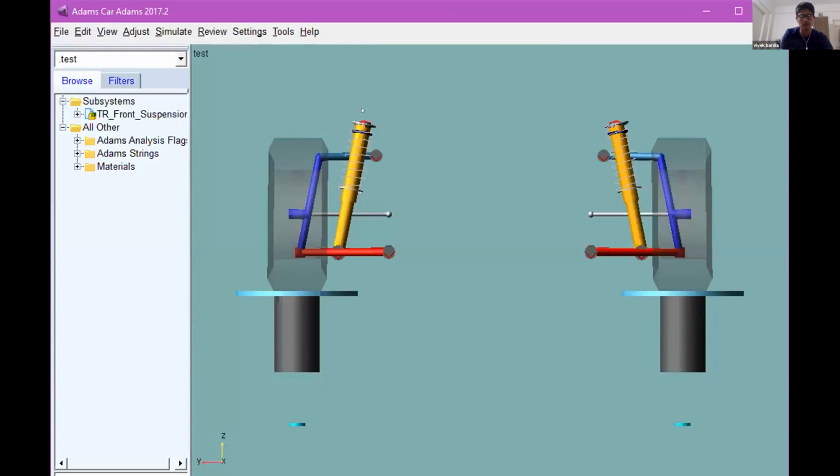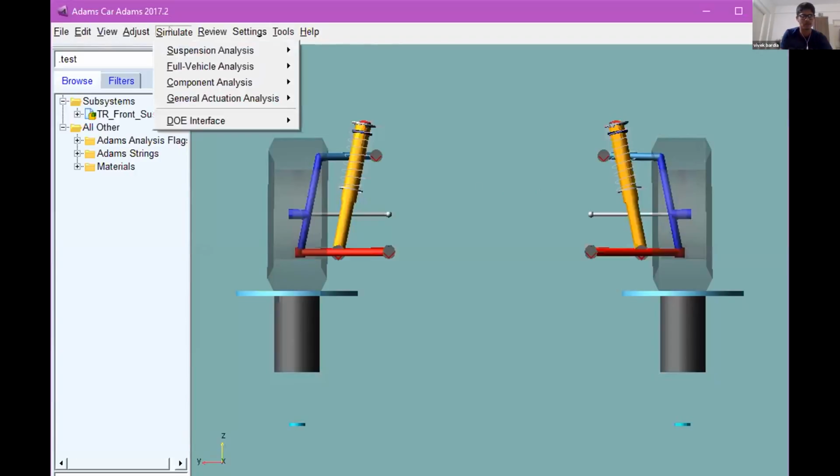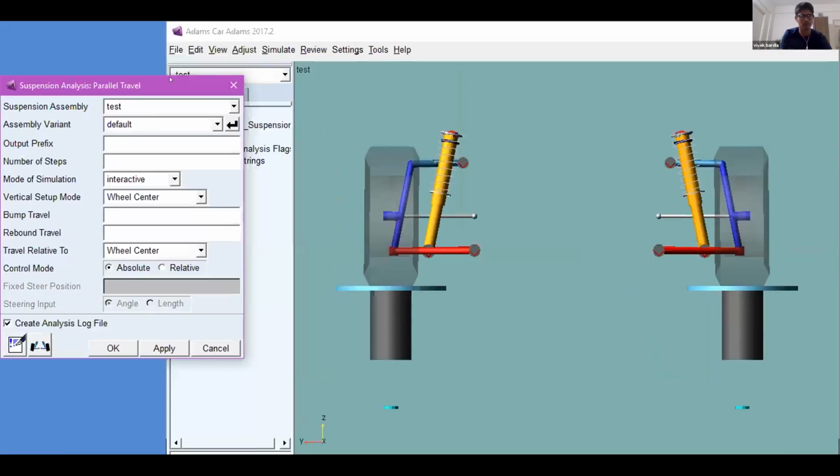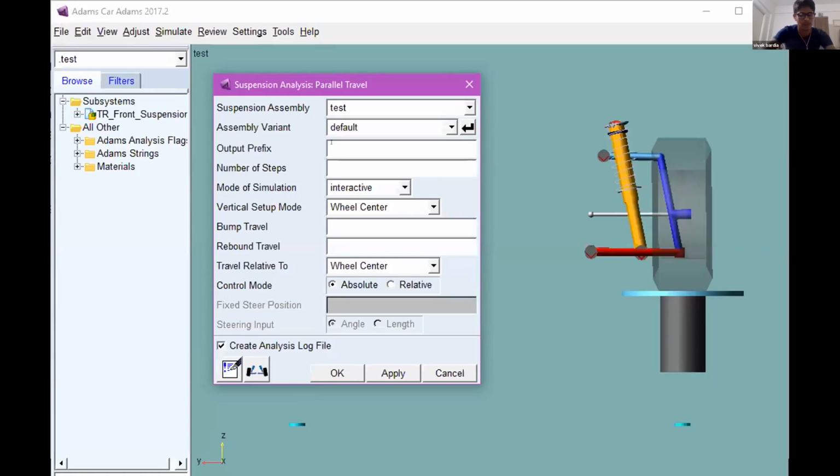Okay, so since this is a half vehicle, let's see the toe behavior. To see the toe behavior, we do a parallel wheel simulation, right? We'll do a test. Let's take around 60 mm of bump travel and minus 40 mm of rebound travel.